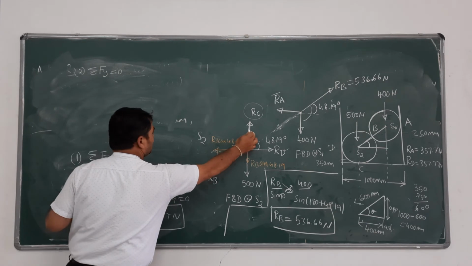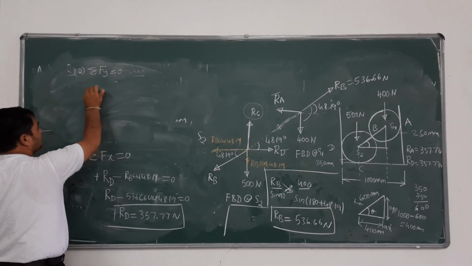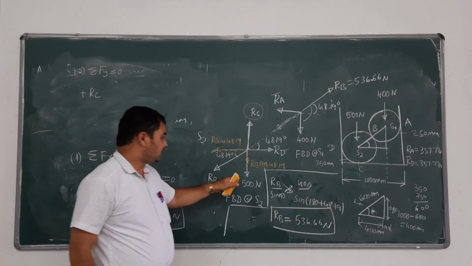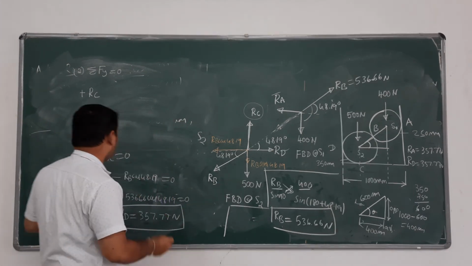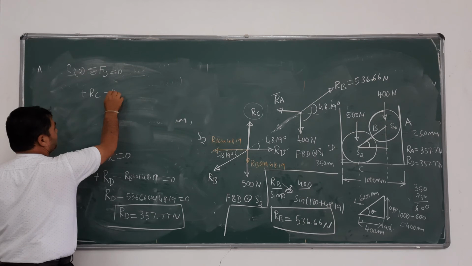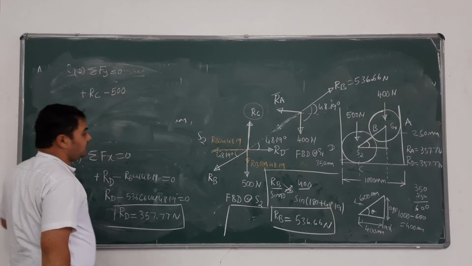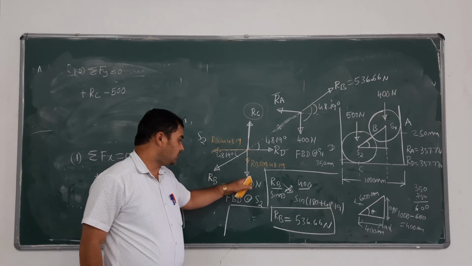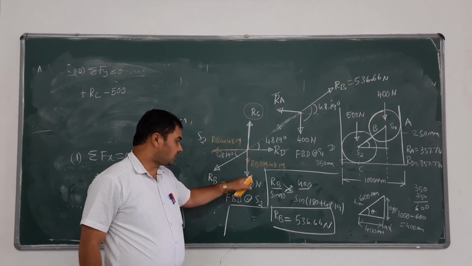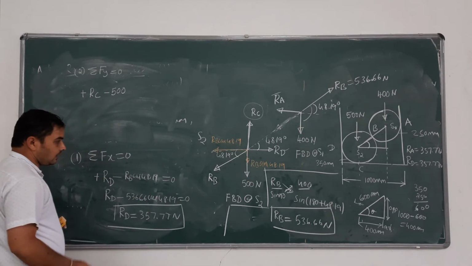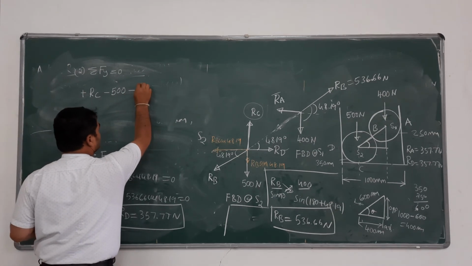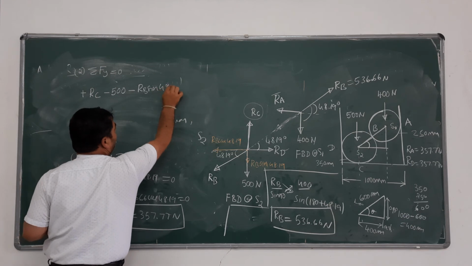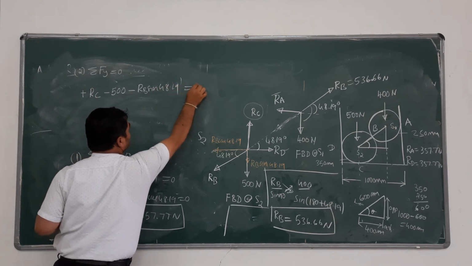The first vertical force is RC, which is acting in the upward direction, therefore it is positive. Next, there is a downward force of 500 Newton, minus 500. There is also an inclined force, so we have to consider the component of that force along the vertical direction, which is again acting downward, therefore minus RB sine 48.19 should be equal to 0.